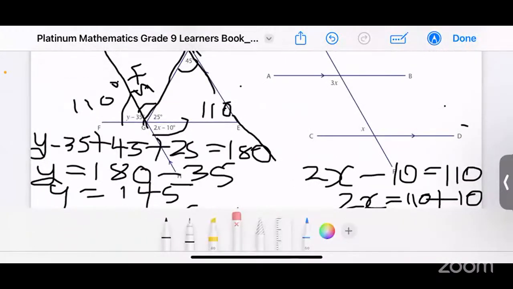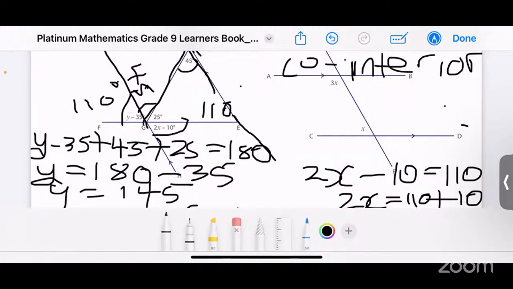Before we even start working, we can see that 3x and x, these are co-interior. That's the first reason, isn't it? Co-interior. So we are saying what?